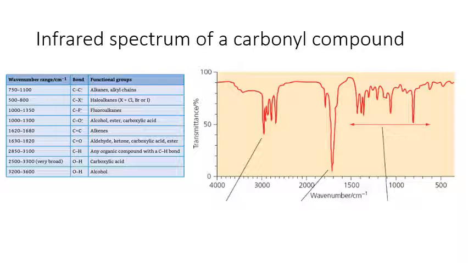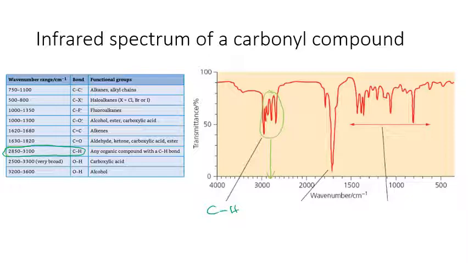Starting off with this peak here, looking down, it's just less than 3,000, and we can see that it's all the carbon-hydrogen bonds again, like we had in the previous one. Because carbon-hydrogen bonds are in pretty much all organic molecules, it's not much help to us.